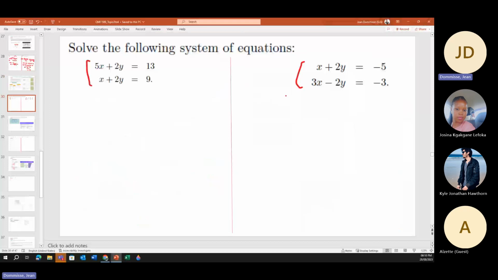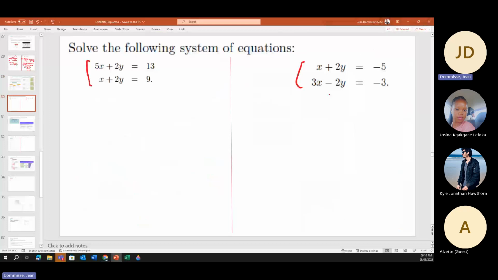Things have changed a bit, where they're not marking it by seeing what you have written. So choose the method that is easiest for you. That's why I want to show you two methods, and then you can decide how you want to use it.